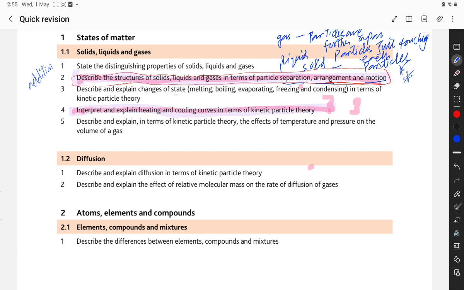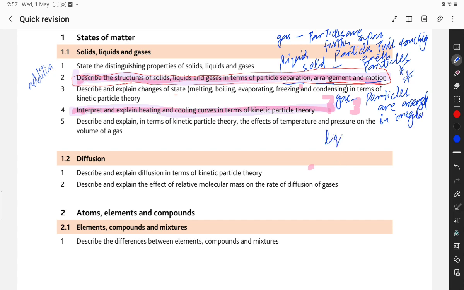In case of arrangement, in gas, particles are arranged randomly, in an irregular manner.